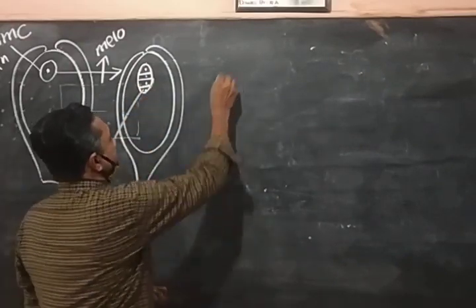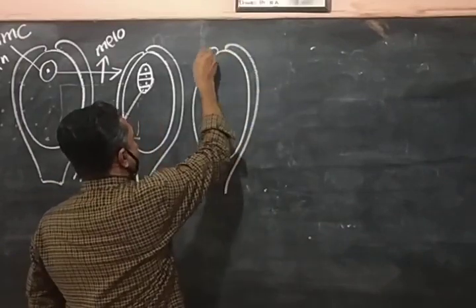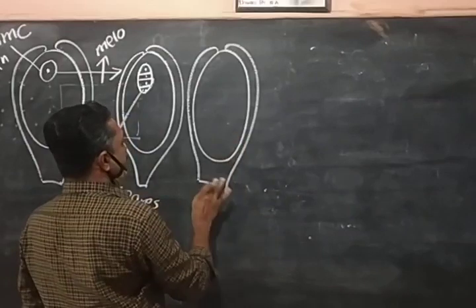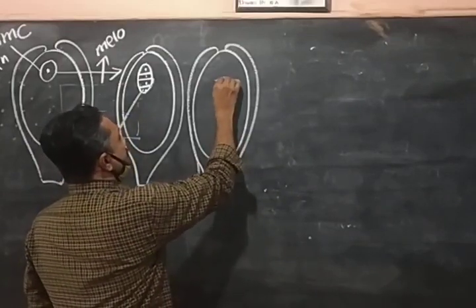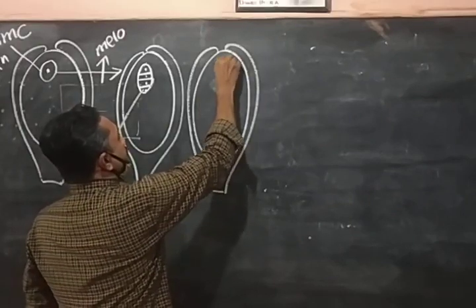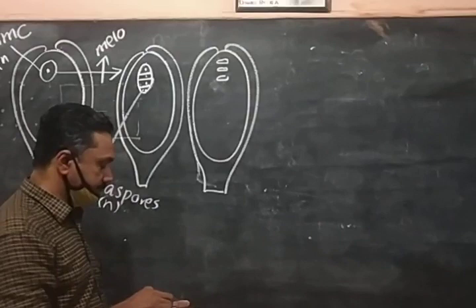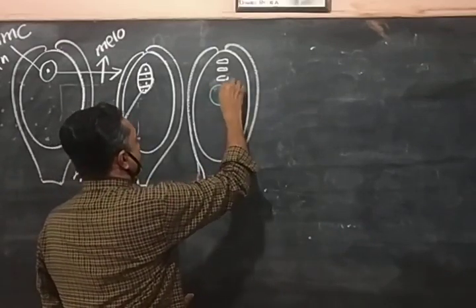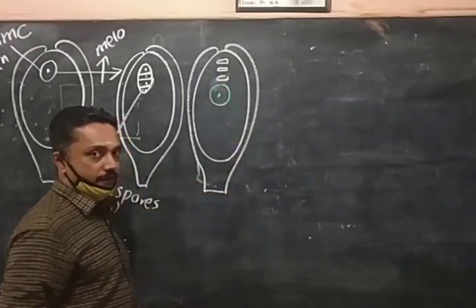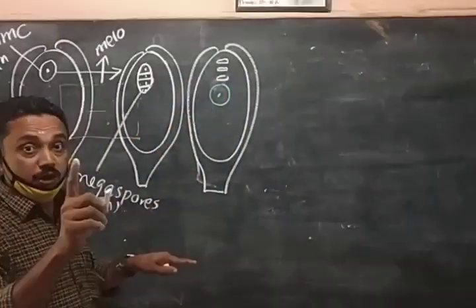Represent it like that. Three cells are destroyed, and 1 survives. This 1 megaspore survived; of the 4, 3 are destroyed and only 1 survives.